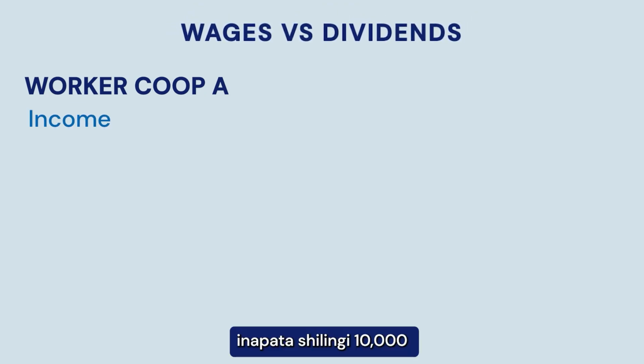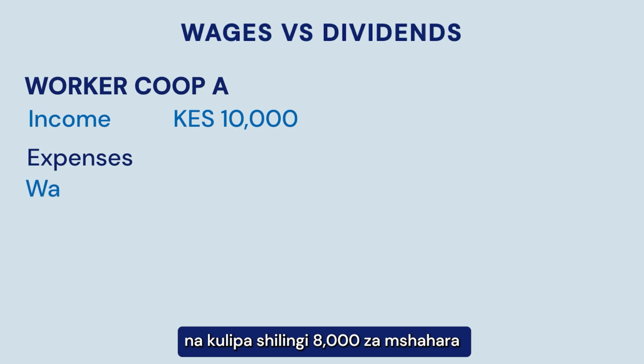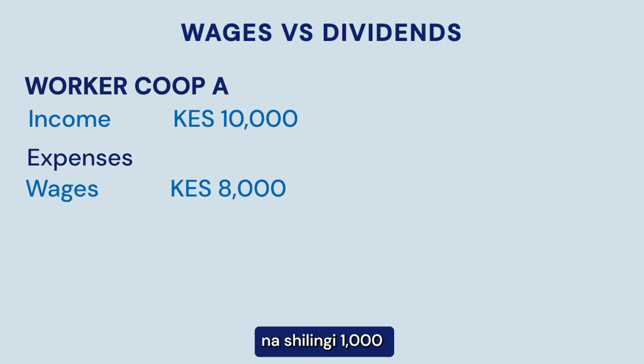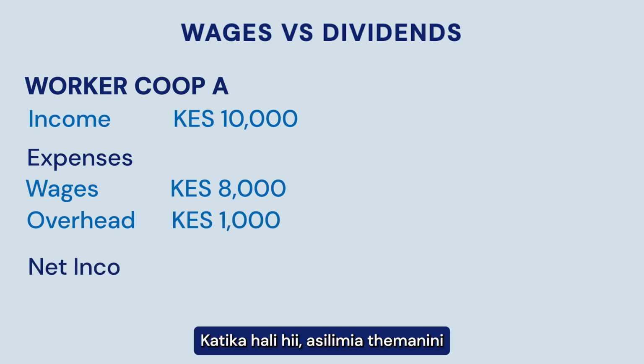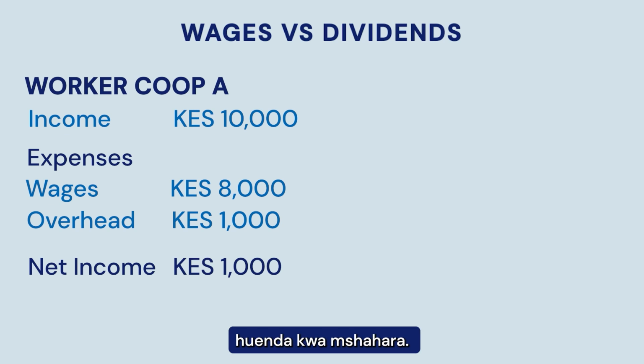For example, worker Coop A earns Kenya shillings 10,000 and pays Kenya shillings 8,000 in wages and Kenya shillings 1,000 in overheads. In this scenario, 80% goes to wages.